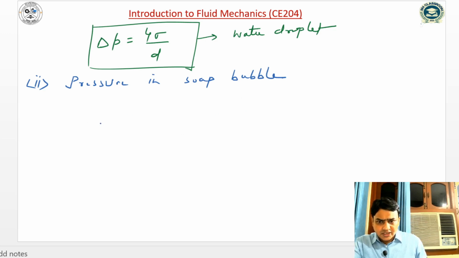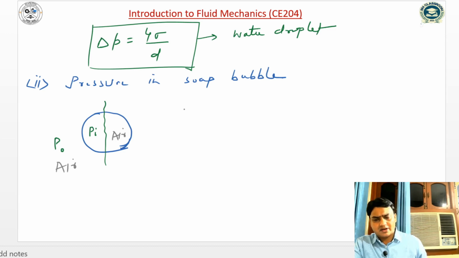Once again, if the shape of the bubble is this one, and I cut it, the inside pressure is Pi and the outside pressure is P naught. But remember that inside is also air and outside is also air.